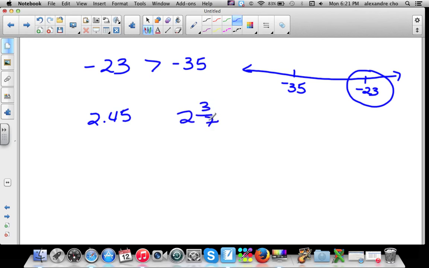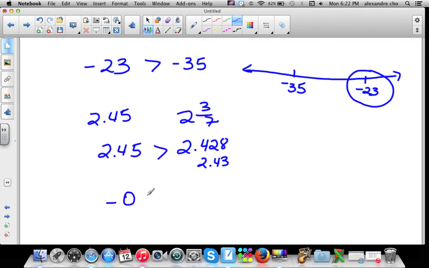Okay, I would definitely change the 3/7 into a decimal. And 3/7, if you divide 3 divided by 7, you would get 0.42. Actually, it would probably be 2.43 rounded because there's an 8 that follows. But nevertheless, you can clearly tell, even if you didn't round this to 2.43, the 2.5 is greater.